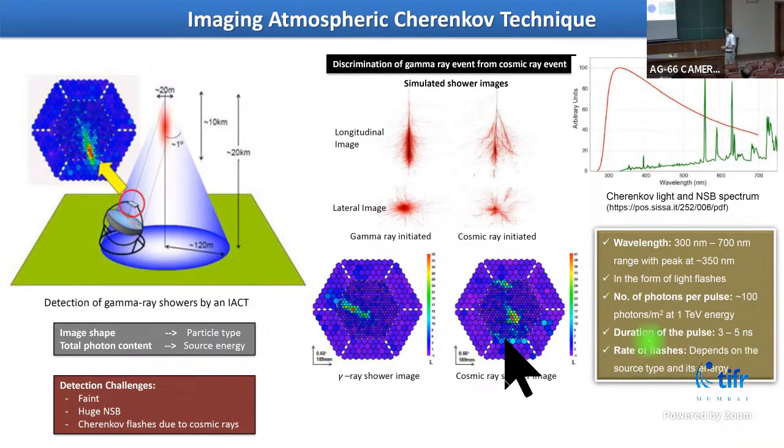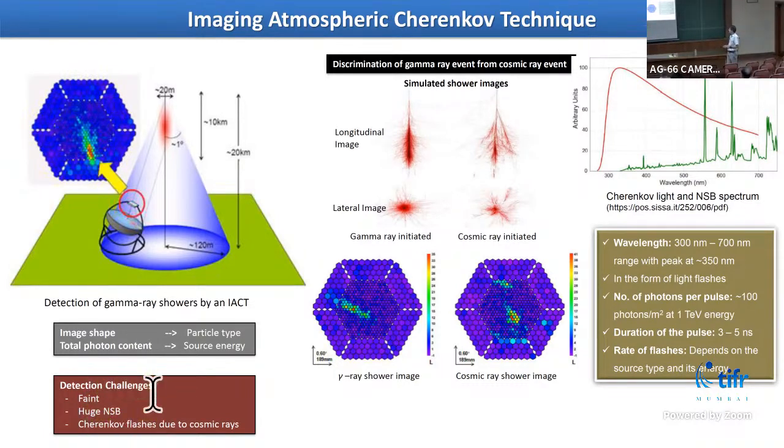So there are a few detection challenges, as this is faint. That's why observations are done in moonless and clear nights. This restricts the duty cycle of operation of these telescopes to 10%, that is about 1,000 hours in a year.